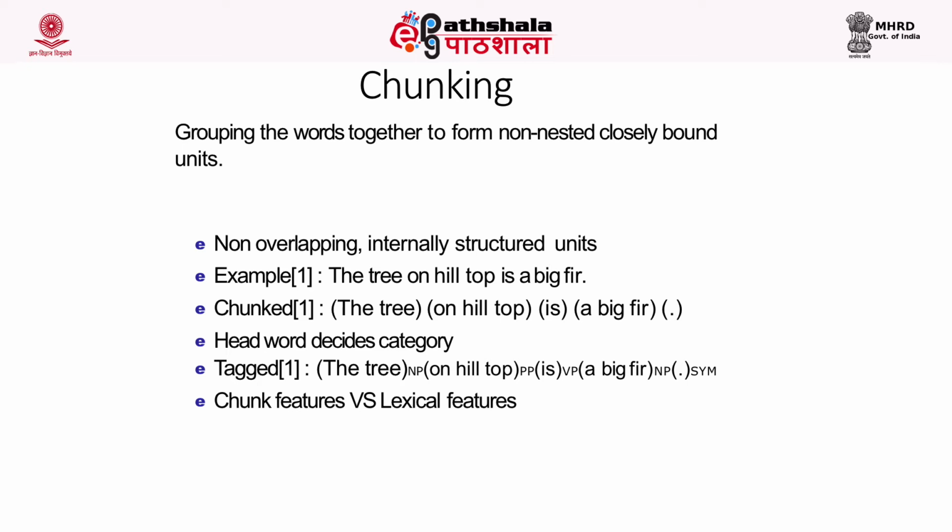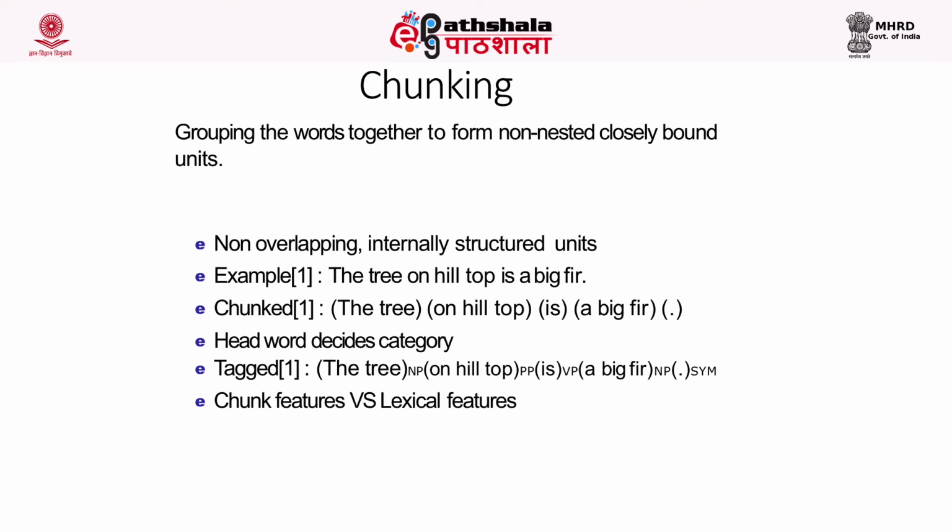In on hilltop, hilltop, or one can take on, is the head, and therefore it's a PP. Is is a verb. A big fir is the head, and therefore it's an NP. So the tree is an NP, on hilltop is a PP, is is a VP, a big fir is an NP, and one also chunks the punctuation.